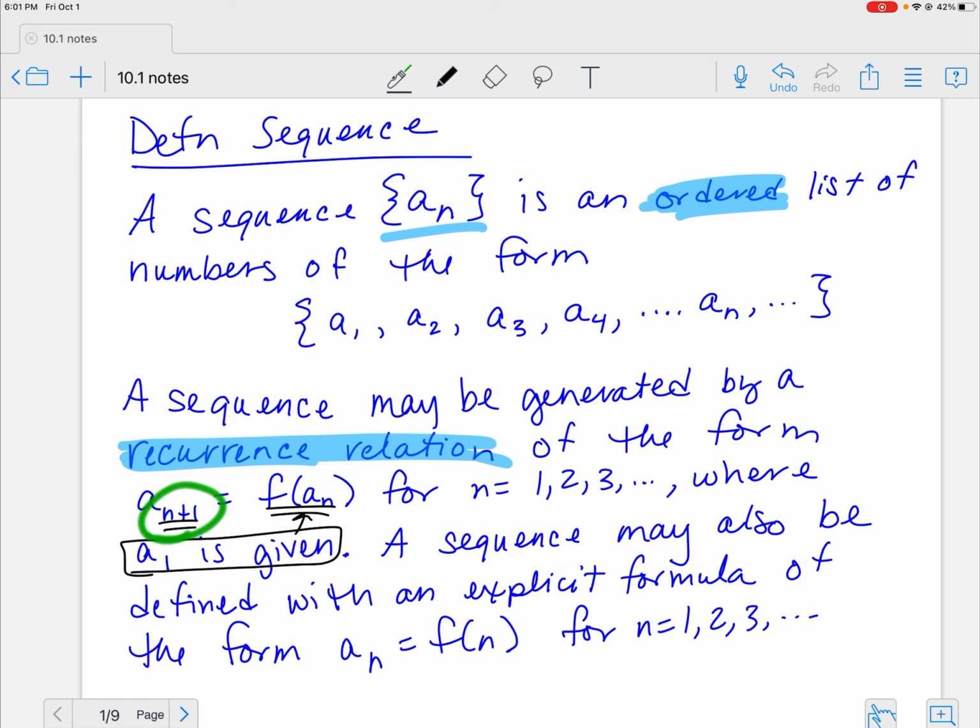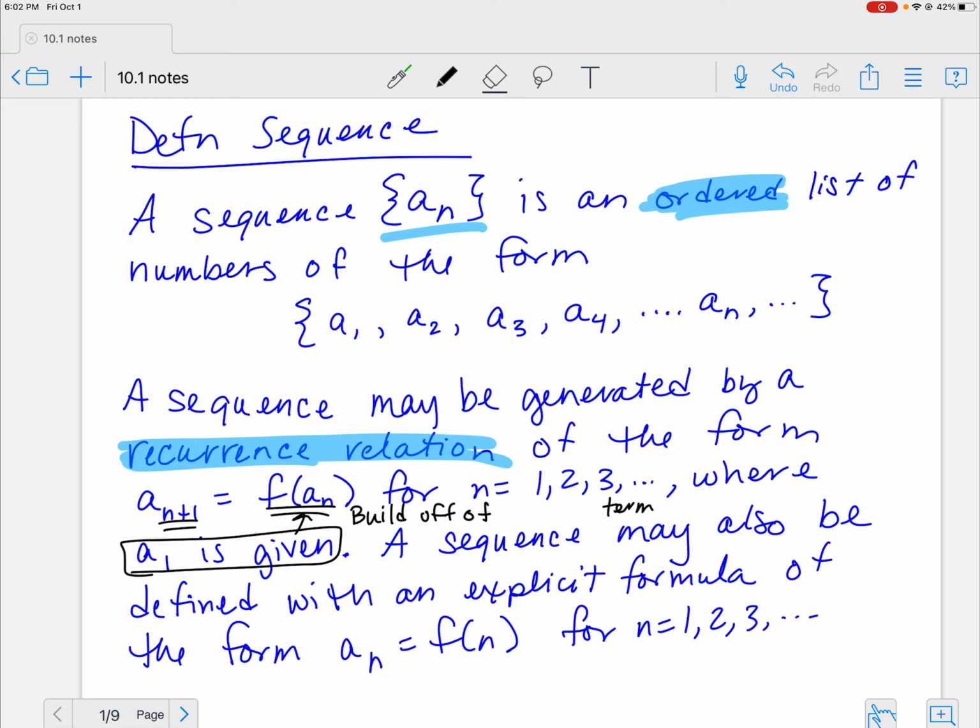And then once you have that first one that's given, the kicker to the recurrence relation, because this is n plus 1, n plus 1 means the next one. So what you're actually doing with the recurrence relation is you are going to build off of the previous term. Actually, let me write this differently.